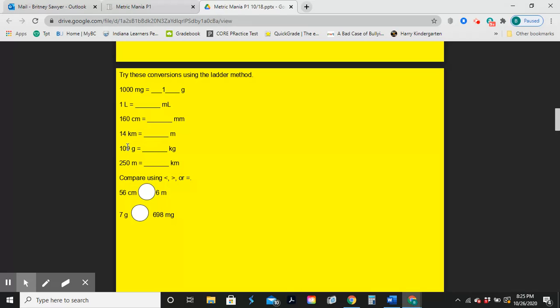So if you're going to move the grams up, how many kilograms is that going to make? Same here, you're going to convert 250 meters into kilometers. Okay? And then we're going to determine once more if it's greater than, less than, or equal to.